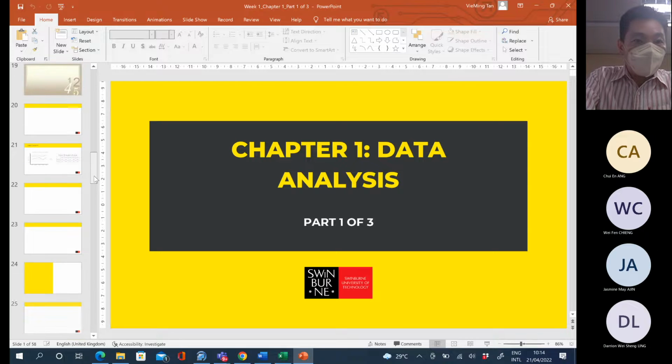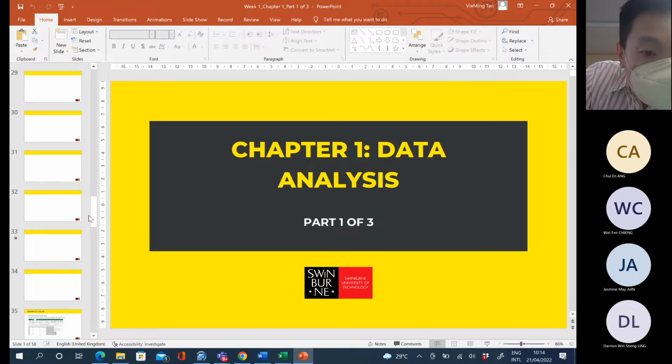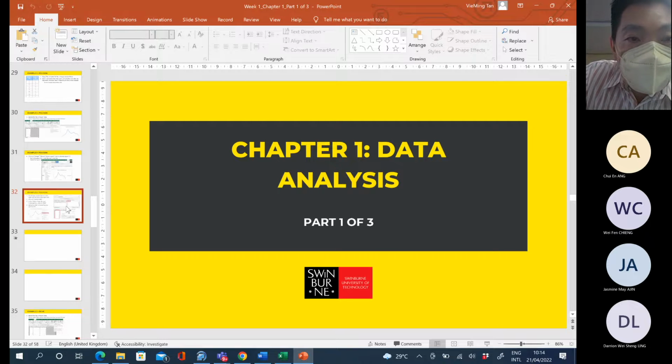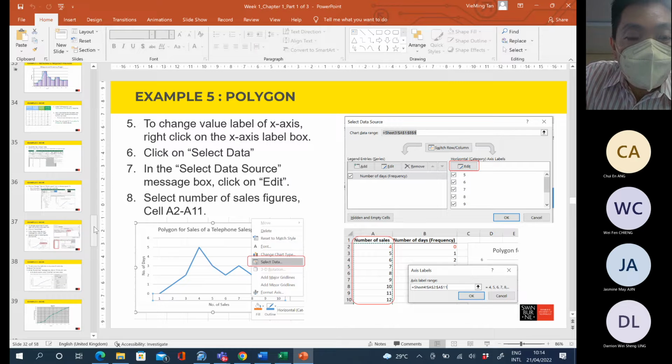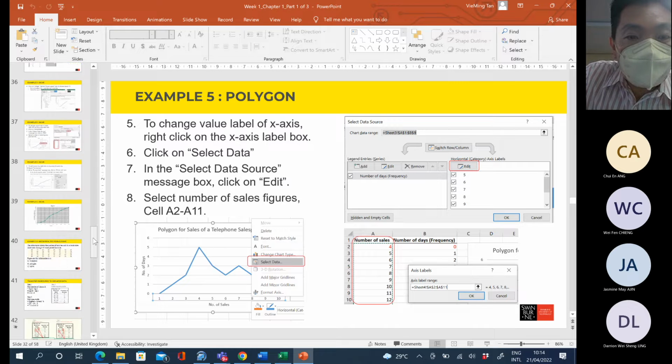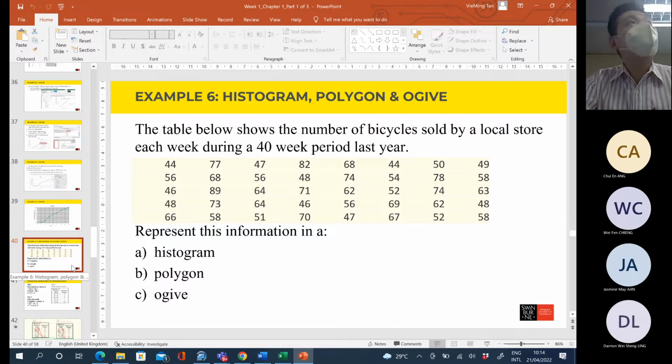You can refer to the slide which shows you the workings on how to identify the number of classes required and the class size. This example shows you the steps to form the frequency distribution table in class interval format.